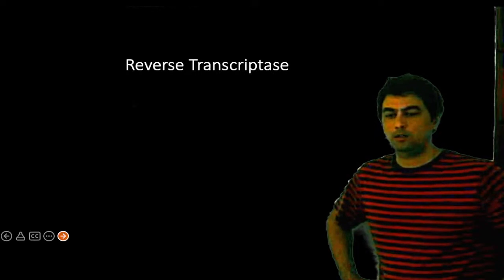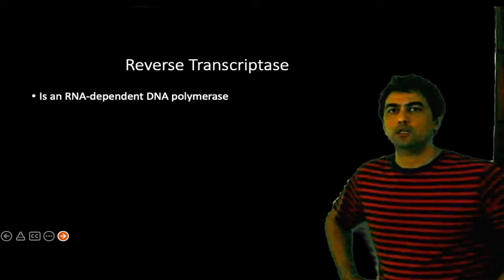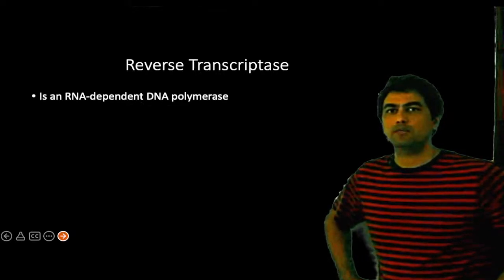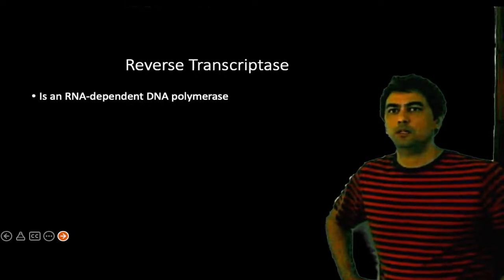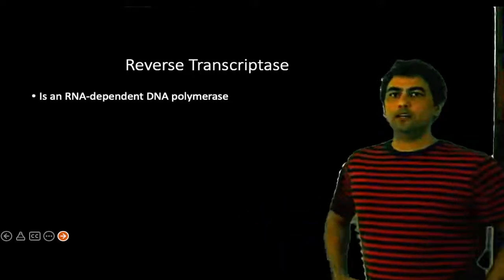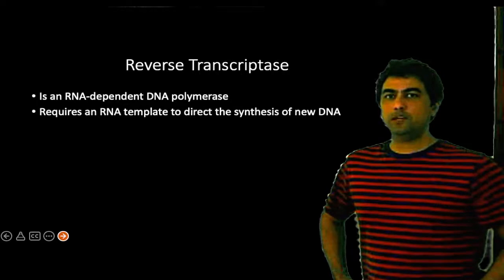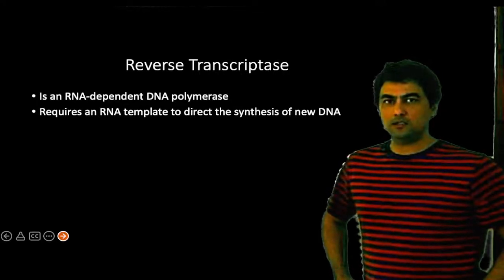The other important enzyme is reverse transcriptase. It's an RNA-dependent DNA polymerase. So you make DNA from RNA. It requires an RNA template to direct the synthesis of the new DNA.